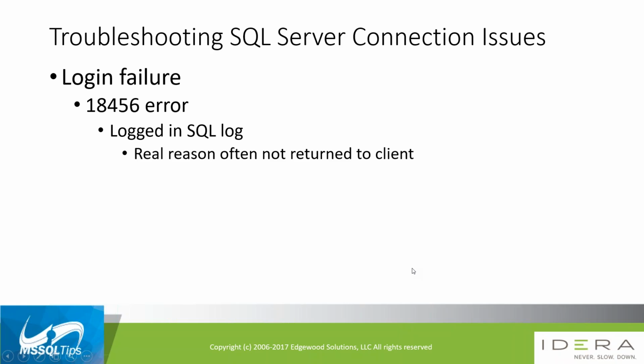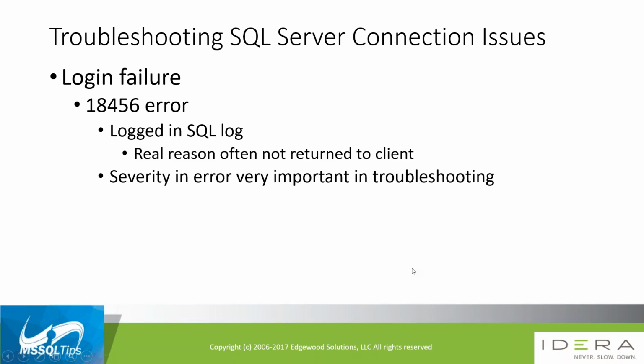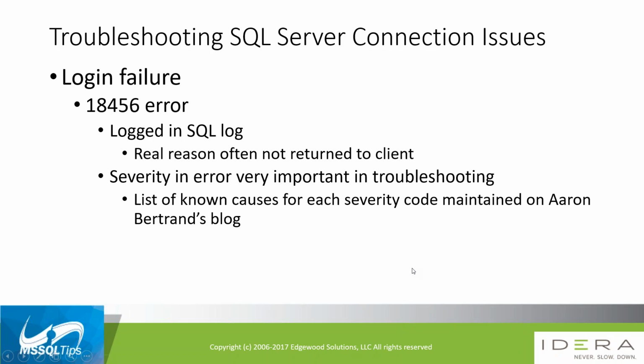The real reason is often not returned to the client because that would make it too easy for someone trying to hack into the SQL server. So for security reasons, you need to look in the SQL Server log to get the real error. Now, the state in the error message is very important in troubleshooting why it failed.